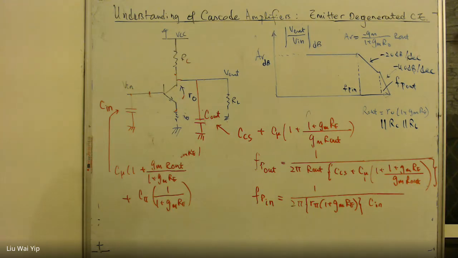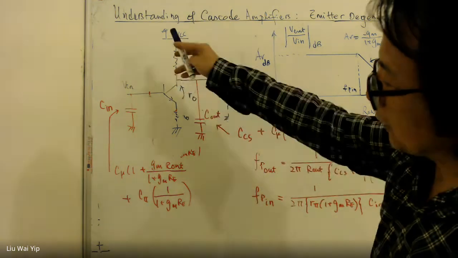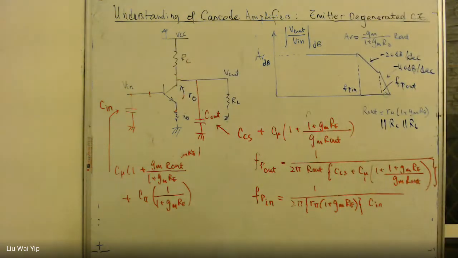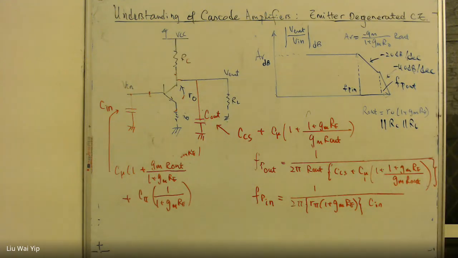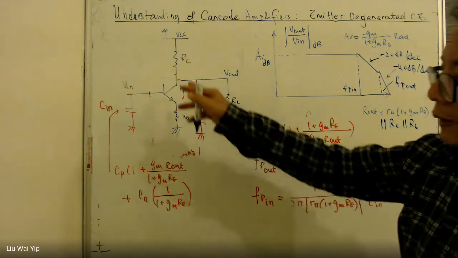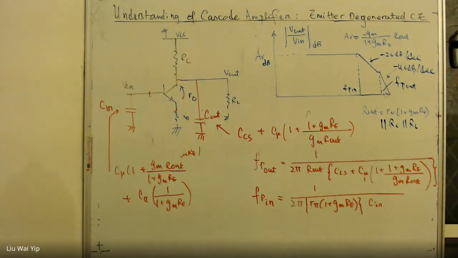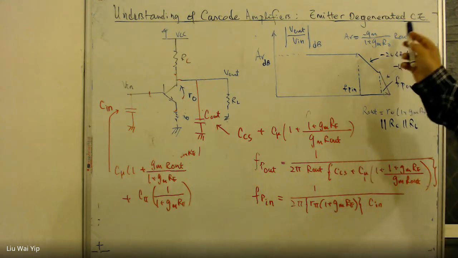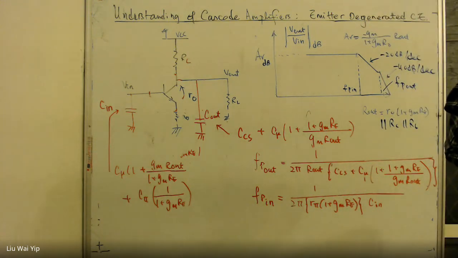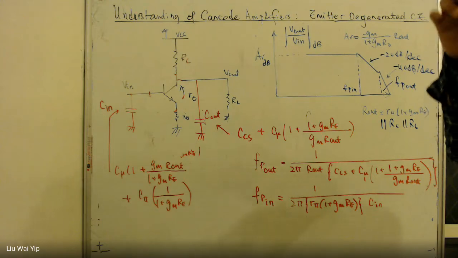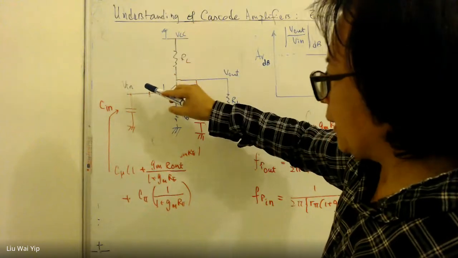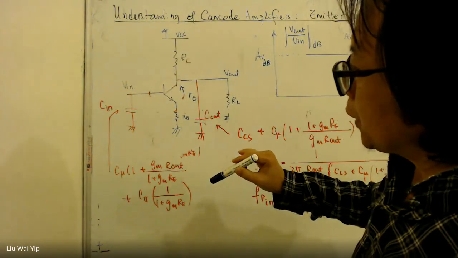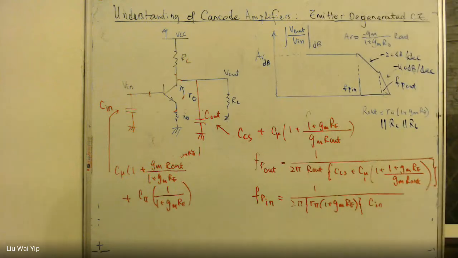Now, the high frequency response has been worked out using our technique. The problem is we are now dealing with a schematic of the cascode of the emitter degenerated common emitter amplifier. The base is unbiased. It's not going to work. In order to make it work, you have to bias it.